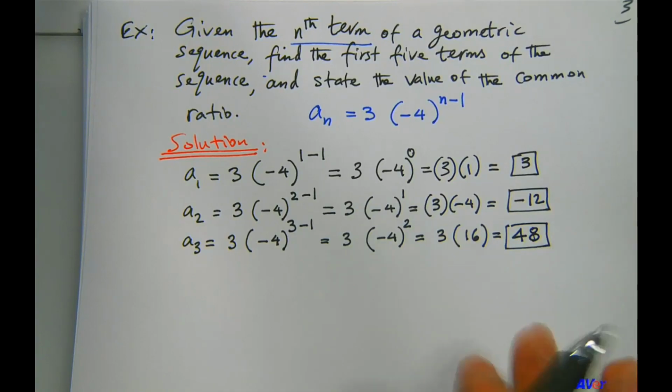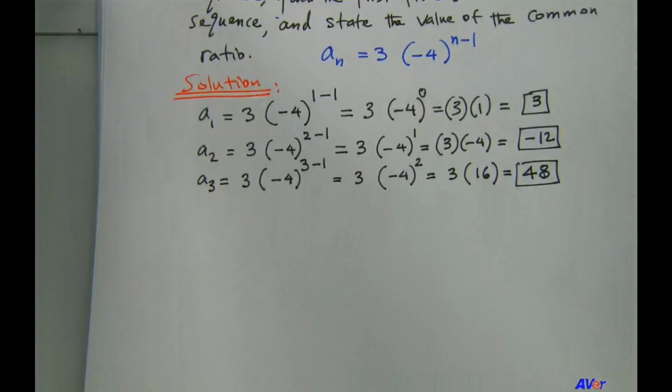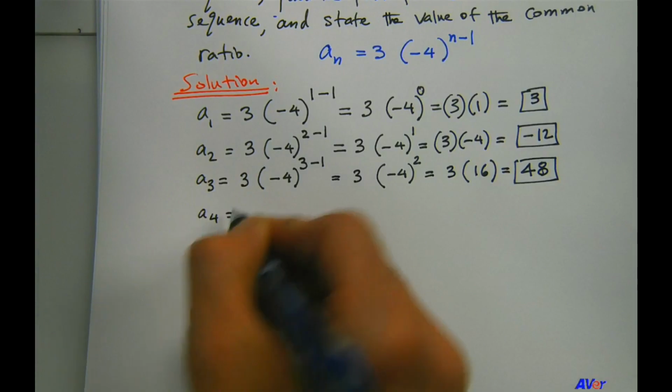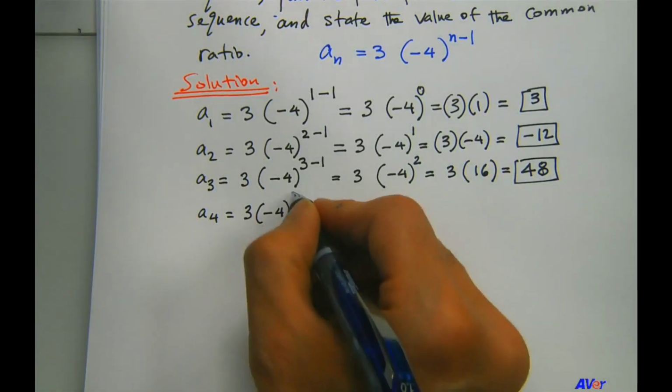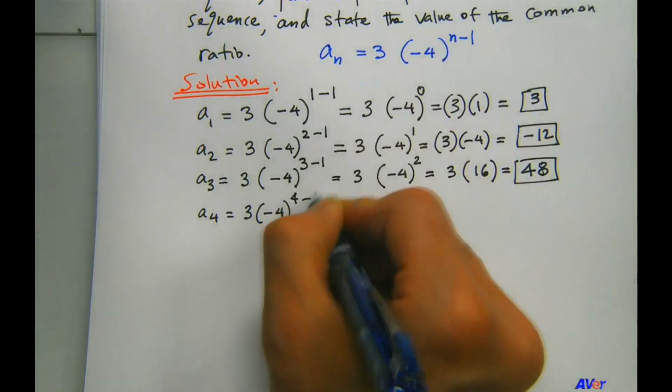Okay. The fourth term, which is a_4, is equal to 3 times minus 4 raised to, let's replace n with 4, minus 1.